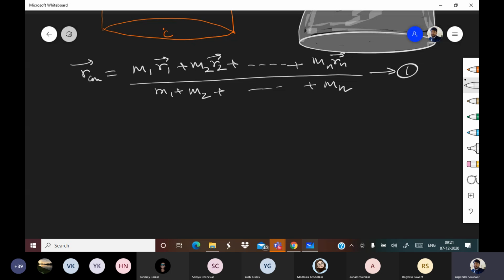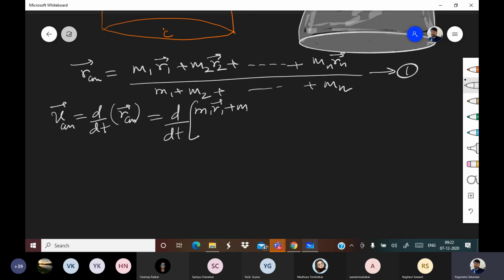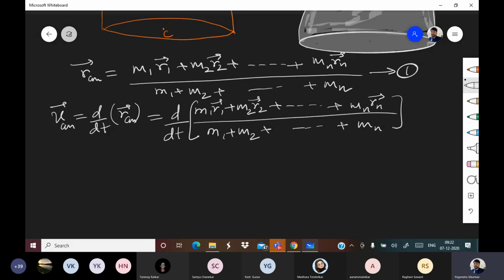So when we have position of center of mass and we want to know velocity, VCM will be nothing but d by dt of RCM, and you are differentiating this with respect to M1 R1 plus m2 r2 plus mn rn upon m1 plus m2 plus mn.